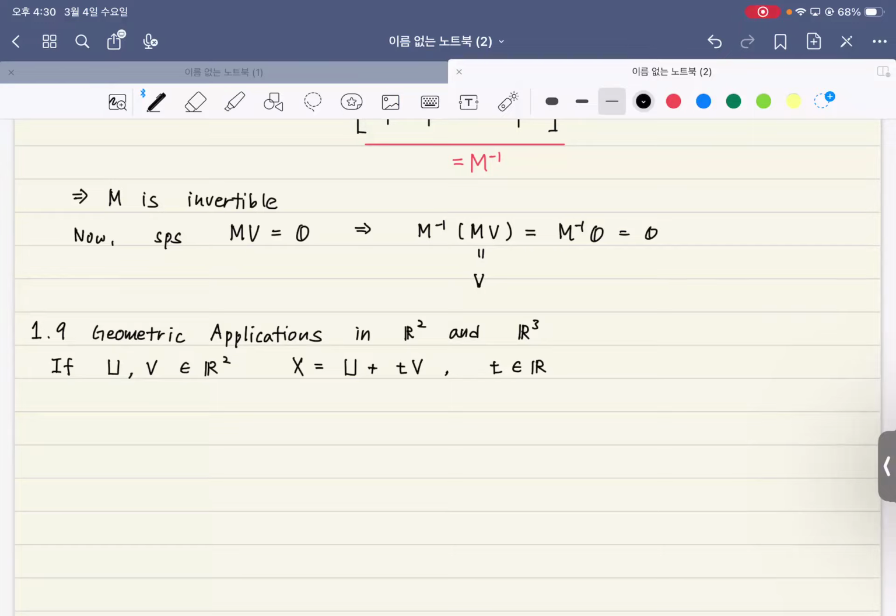So imagine this is a two-dimensional plane, and this is the vector V. Then T times V is going to be a one-dimensional line passing through the origin, right?